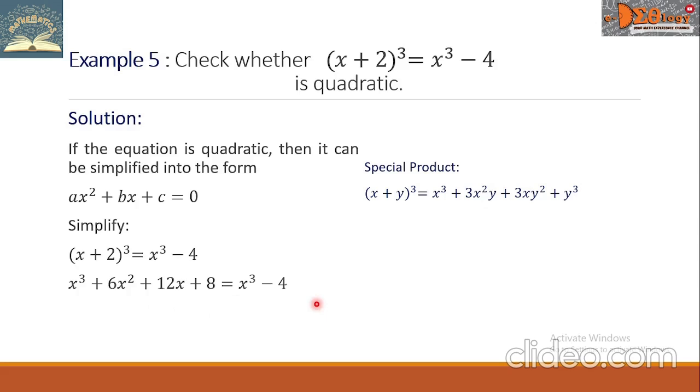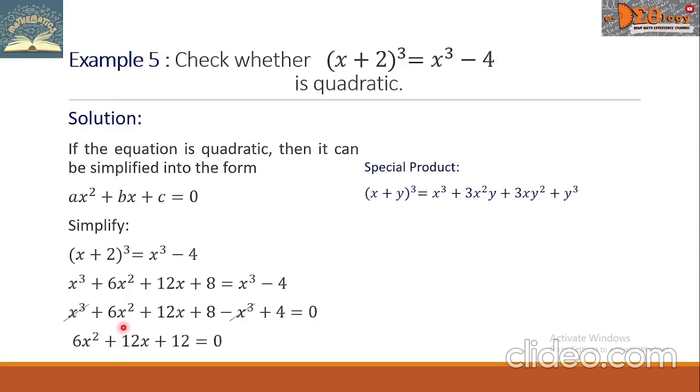the right side values. Let us now transpose the values of the right to the left. So this x cubed becomes negative, and this negative 4 becomes positive. Now the right side equals 0. Let us now combine like terms. x cubed, then negative x cubed will cancel out.